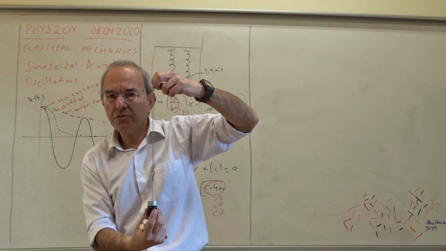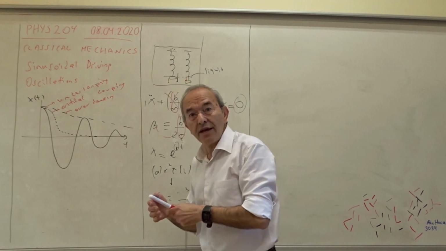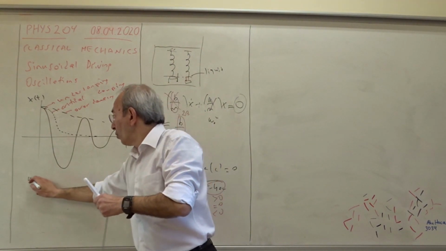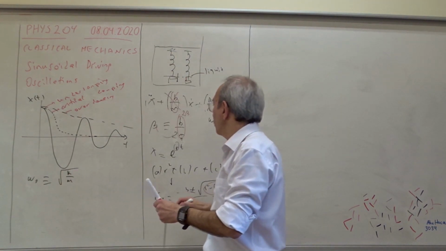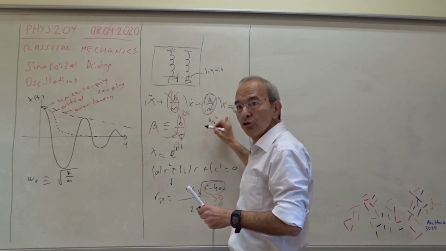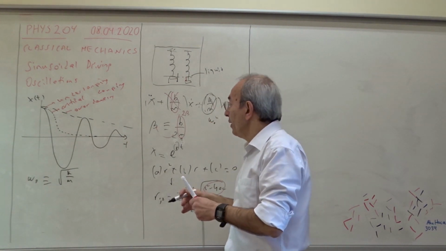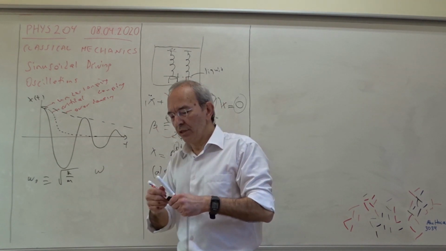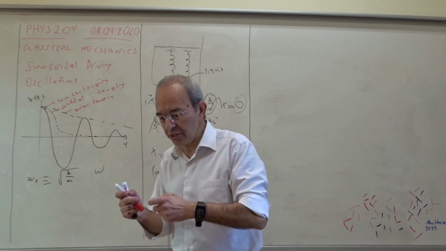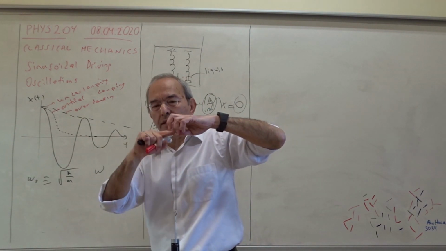But the natural frequency of the system, remember, omega 0, was root k over m. It was the square root of the coefficient of this last term. Now we have an omega, which is the frequency of the oscillations applied on the system externally to the other end.